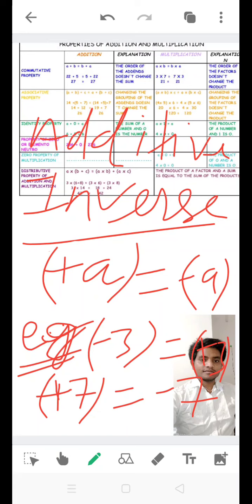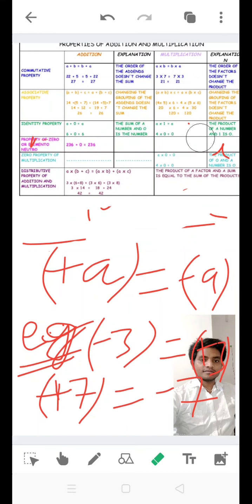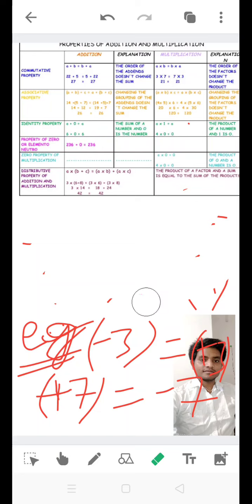Then I discussed with you 5 properties. First one is closure, second one is commutative, third one is associative, fourth is additive identity, and last one is additive inverse. I hope all of you understood very well.